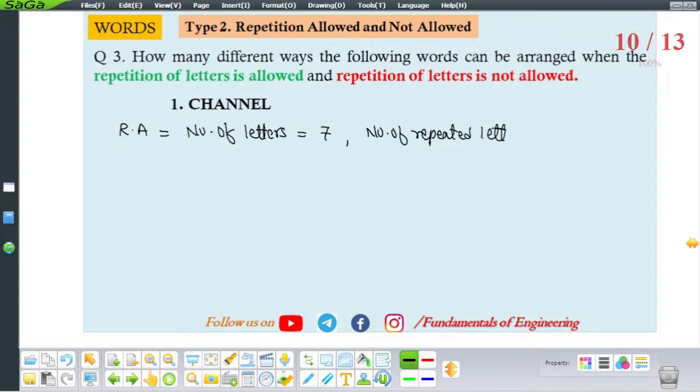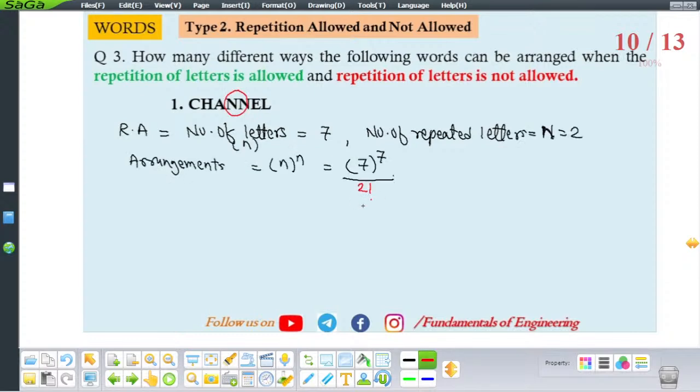But here N is repeated twice, so we have to take the factorial of the number of repeated letters, that is 2 factorial. N is repeated twice, that is why 2 factorial.